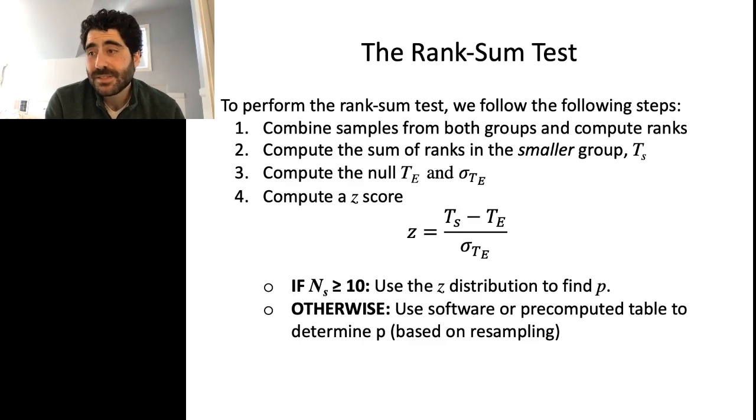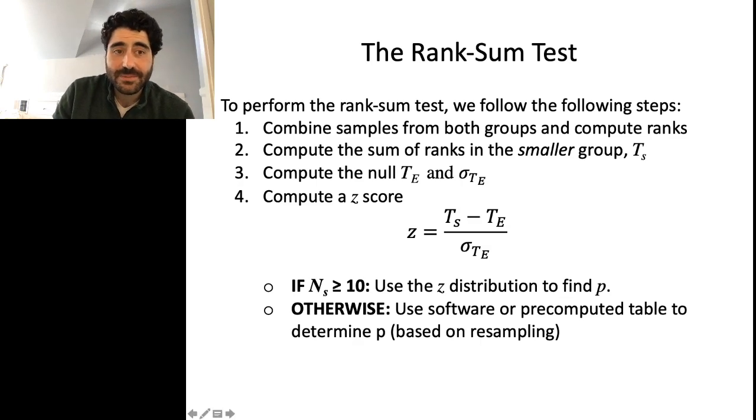Okay, right. So the setup here is very similar to a t-test, right? We're going to end up with something of the same form: a statistic we actually measure in our data, and a statistic that is coming from our null hypothesis. This TE doesn't have anything to do with our data. To compute TE, you remember all we needed was to know how many items are in this group and what the mean rank is.